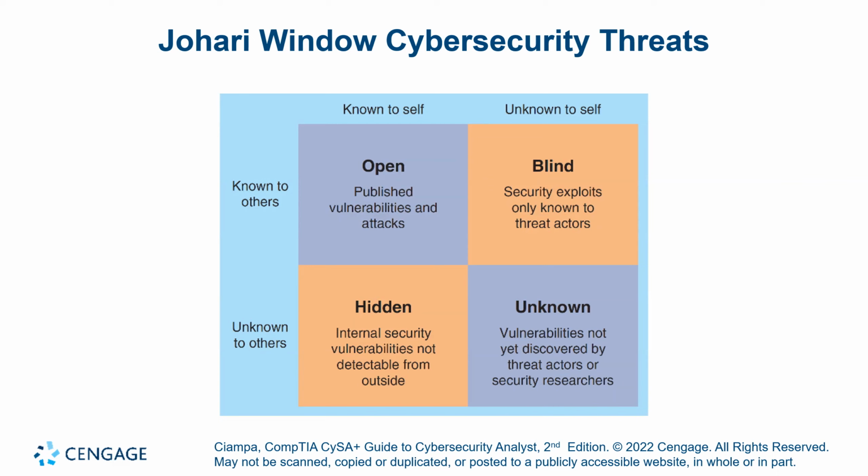Unknown to others, but known to self, hidden, internal security vulnerabilities not detectable from the outside. There's your key right there. And unknown to self and unknown to others, those are the vulnerabilities not yet discovered by threat actors or security researchers. It's basically a 4-square pie chart of your unknown knowns.